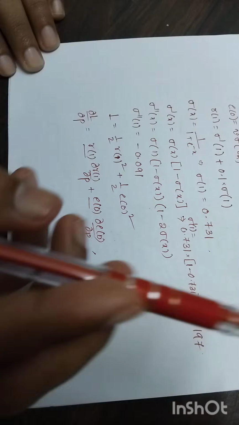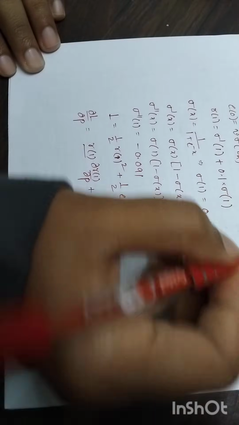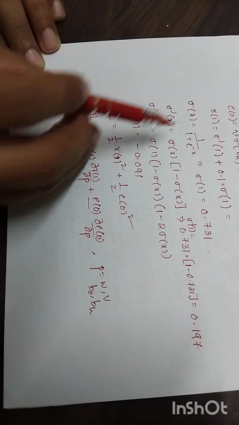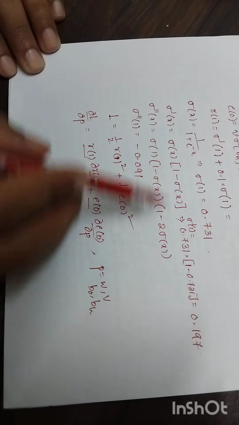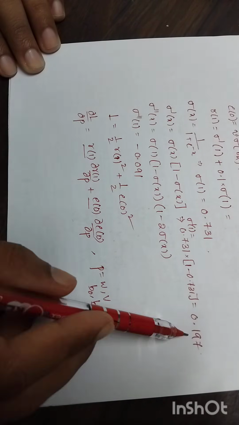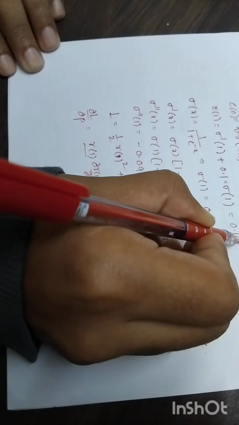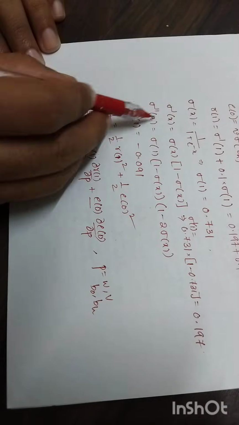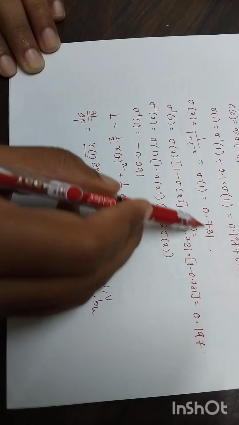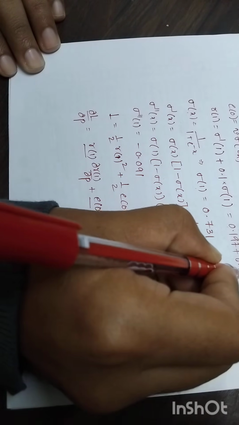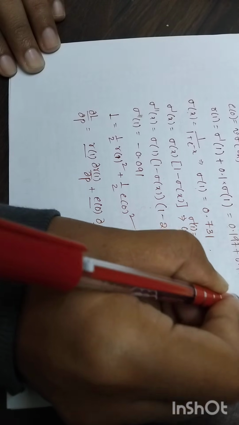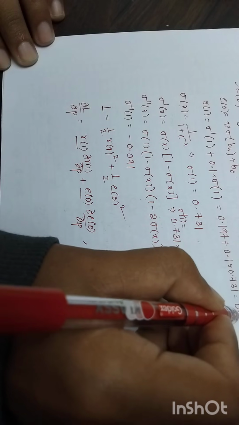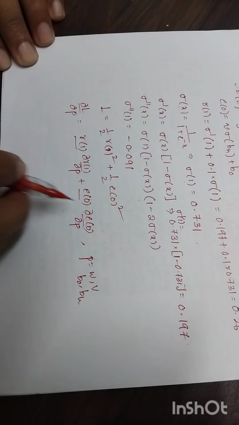We already have the e of 0 value, but the r of 1 value I have not calculated. Just substitute the values here. For r of 1 we have sigma dash of 1, which is 0.197, plus 0.1 into sigma of 1, which is 0.731. If you sum these two, you will get a value around 0.26.